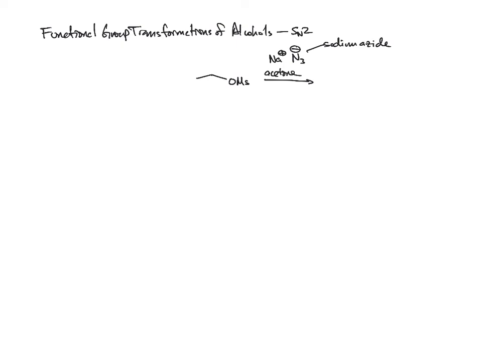Again, remember the requirements for an SN2 reaction. We need a polar aprotic solvent. Acetone has this structure. It's propanone, a ketone, so it's polar aprotic. And if we did a displacement of the O-mesylate as the leaving group, we would end up with this compound, which is an azide.